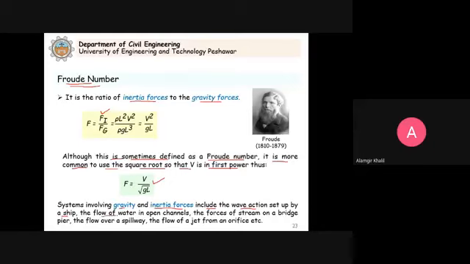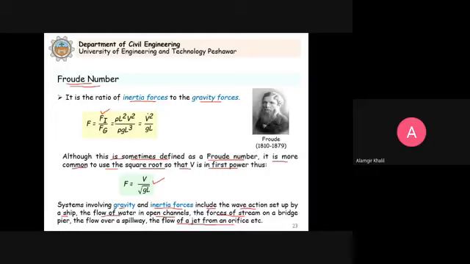the flow of water in open channels, the forces of a stream on a bridge pier, the flow over a spillway, the flow of a jet from an orifice. You already studied this in practical, the orifice and jet apparatus.